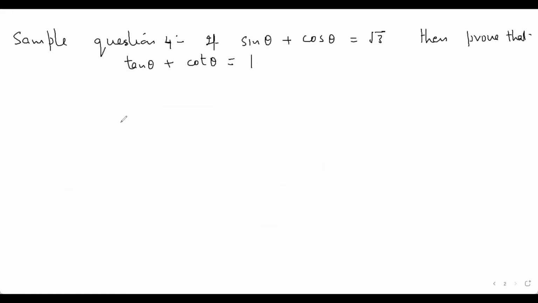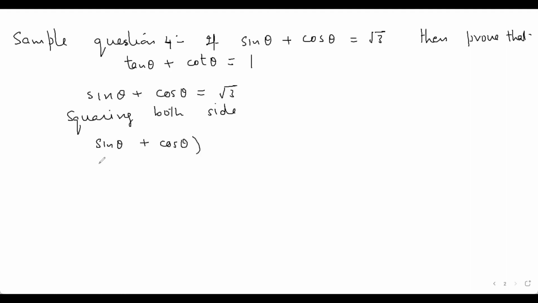Now sample question number 4. The question is, if sin θ plus cos θ is equal to root 3, then prove that tan θ plus cot θ is equal to 1. Now sin θ plus cos θ is equal to root 3. Squaring both sides, I'll have (sin θ + cos θ)² is equal to (root 3)².